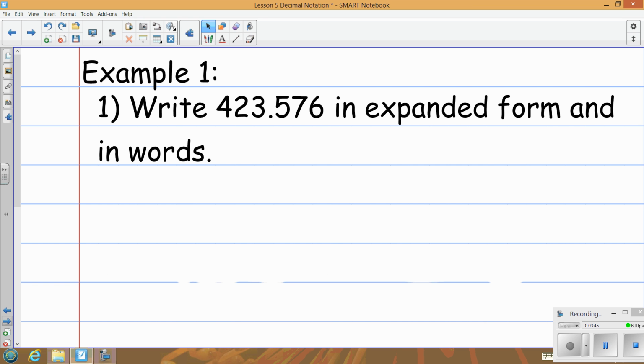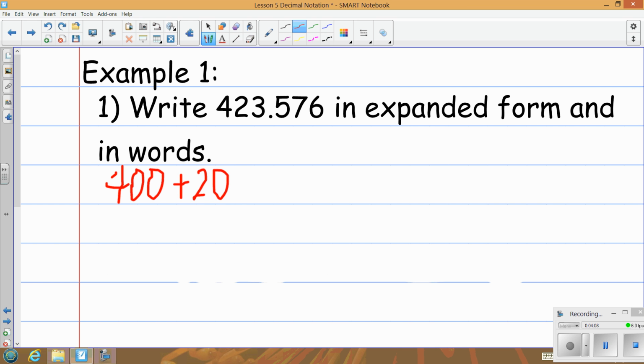So when I'm looking at 4, this represents 400. So the first part is going to be 400. And then the next digit is 2, which represents the tens value, in this case 20. And then we have 3 ones.